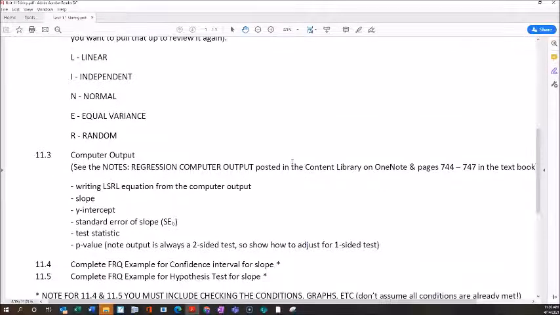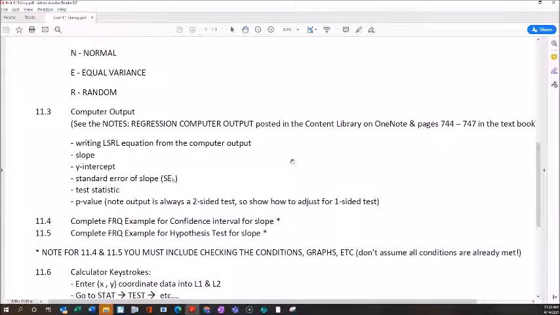On 11.3, computer output, there's notes. We've posted notes in your OneNote notebook that has a bunch of examples about computer output.